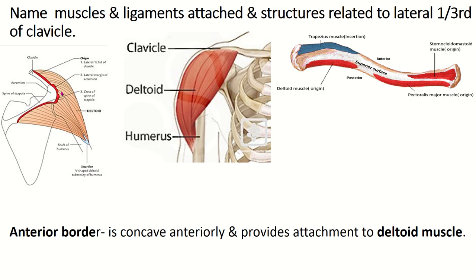It is a U-shaped origin from the clavicle, from the lateral margin of the acromial process and the inferior lip of the spinous process of the scapula, and it is inserted into the deltoid tuberosity of the humerus. It has three groups of fibers: anterior fiber, middle fiber, posterior fiber, and they have different functions.